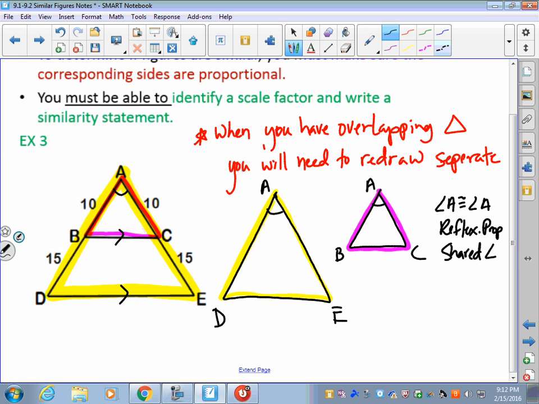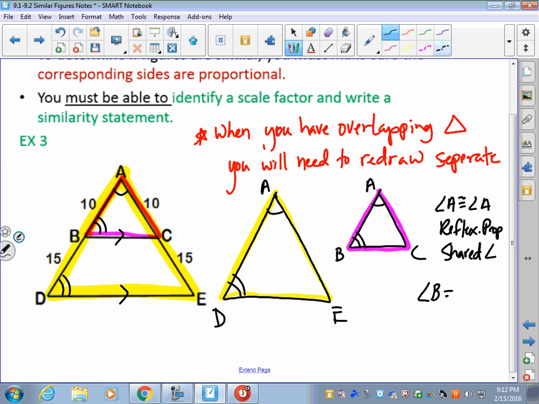And then I'm going to use my prior knowledge with parallel lines. Because BC is parallel to DE, I also know that angle ABC, and I'm going to put two arcs, is congruent to angle ADE. So that means this angle D is congruent to angle B. And the reason why I know that is because we have corresponding angles.